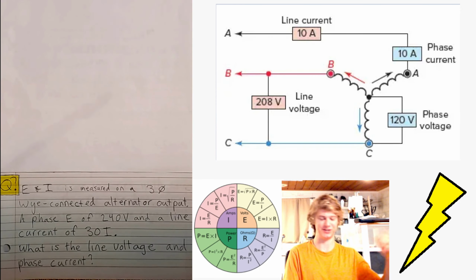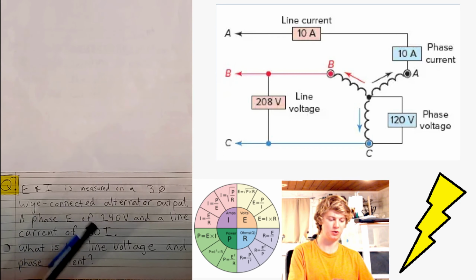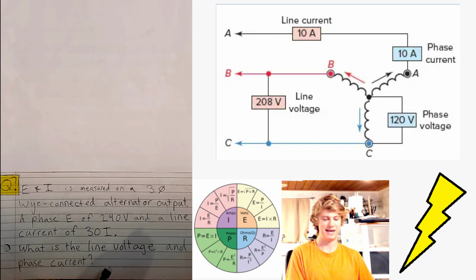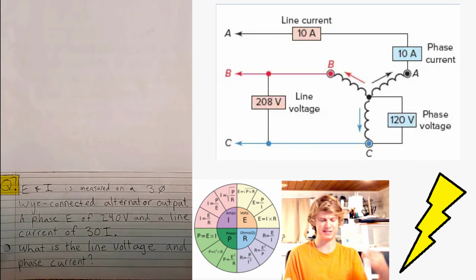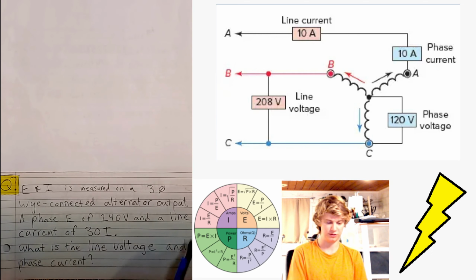Okay, so now we have a question here. If the voltage and current are measured on a 3-phase Y-connected alternator output, and a phase voltage of 240 volts is measured, and a line current of 30 amps is measured, what is the line voltage and the phase current? Again, because we started off with phase voltage and line current.